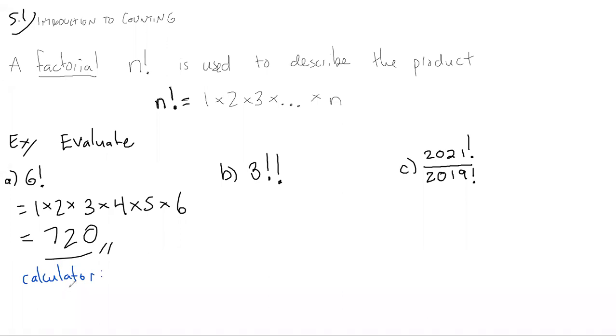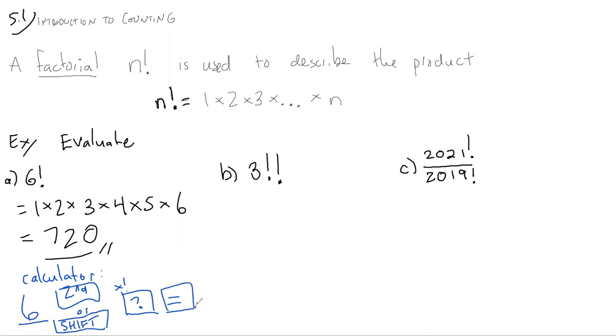So we're typically going to access this by using that second or that shift button. So we'd start by punching in the number 6, then the second or the shift button. It depends on your calculator, but usually you'll see this little x factorial as one of those secondary functions. And then you'd hit equals and you'd get your answer.